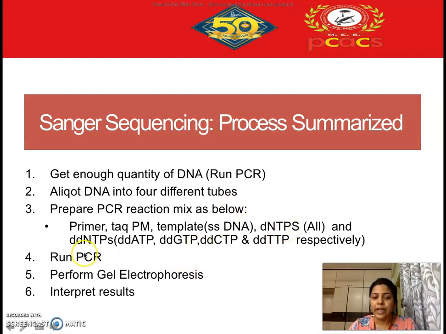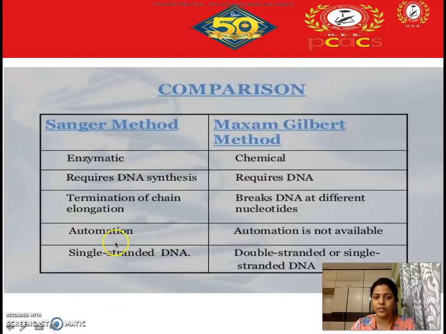Now ddNTPs will go in 1 Eppendorf respectively. Then you will run the PCR. Once you have run the PCR, every Eppendorf content is going to be run in a single well of your gel electrophoresis, and then you have to interpret the result depending upon the bands you have observed.